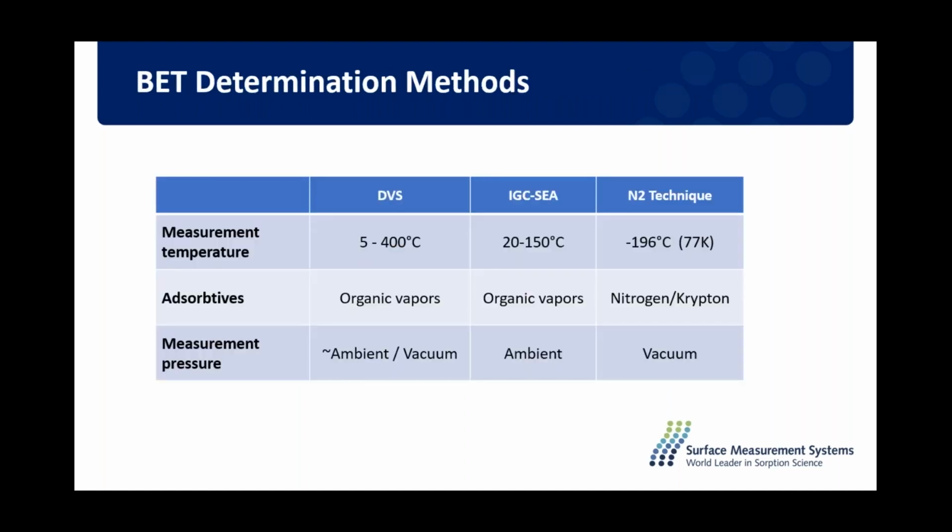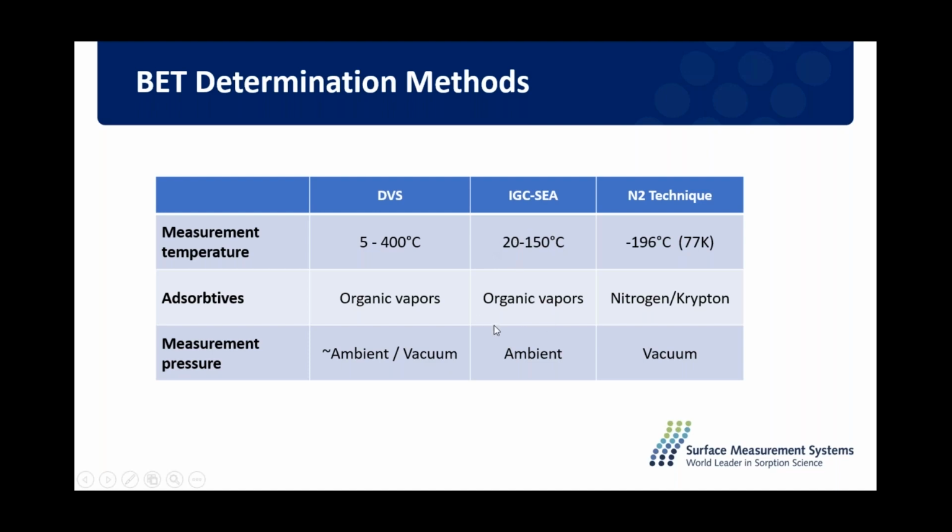Just as an overview and summary, the DVS can be done over a wide temperature range. We typically use organic solvents, and we do this under ambient conditions, or we can measure it under vacuum if necessary. The IGC SEA, again, has a very broad temperature range for measuring surface areas.